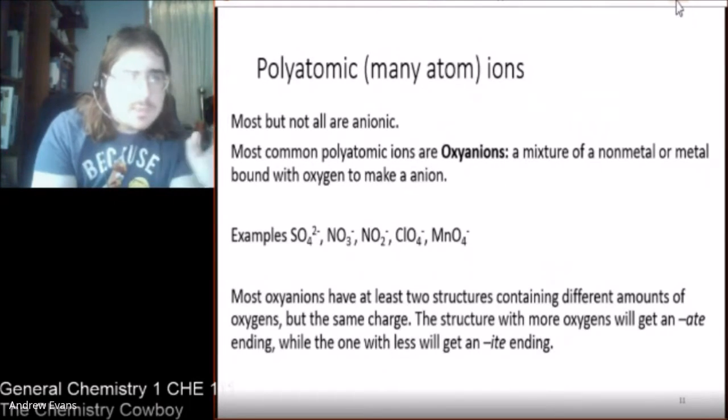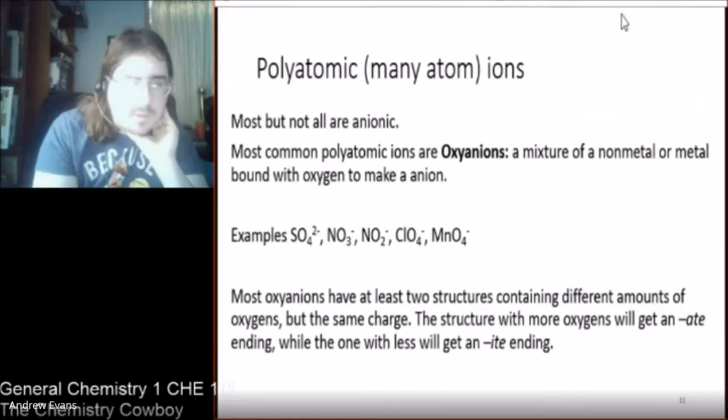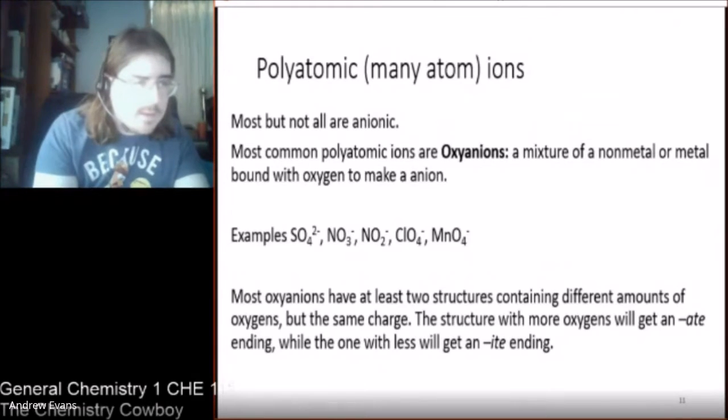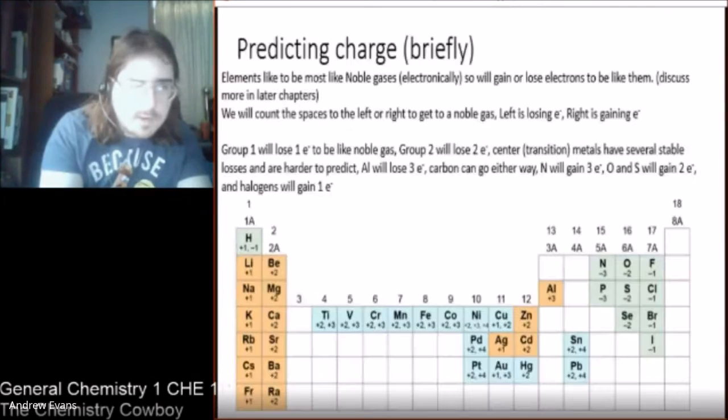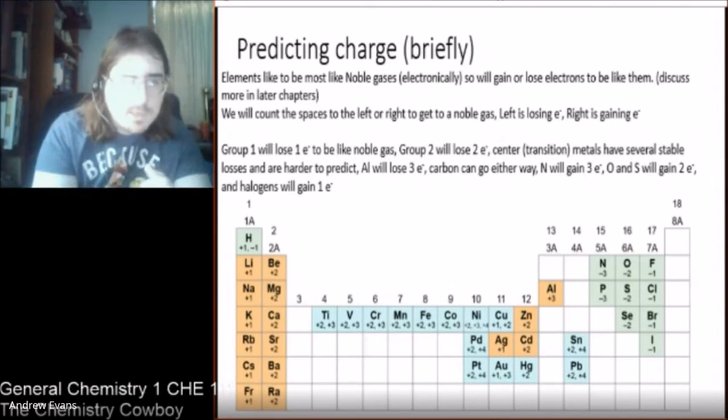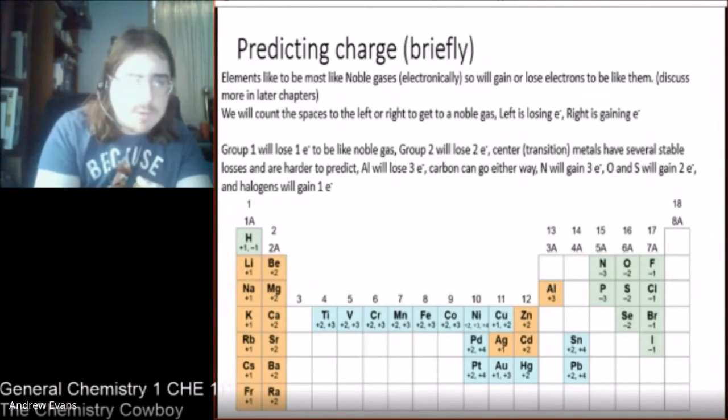So as we combine these together, practice these. We need to be able to combine cations and anions together in such a way that they cancel out. So if I were to say, I'm going to jump back to our periodic table. If I was to say beryllium chloride, what would be the mixture of that?